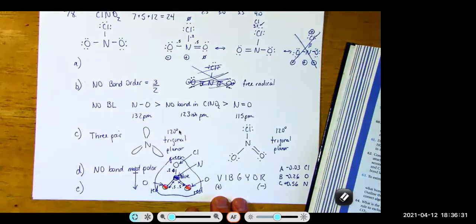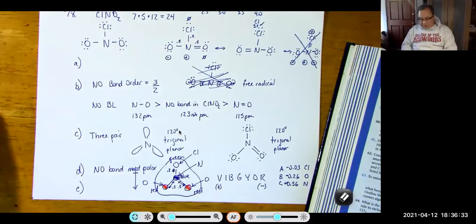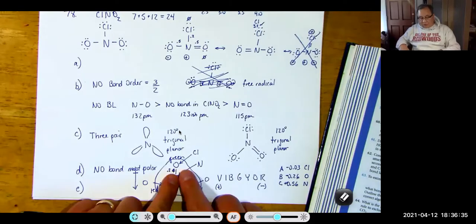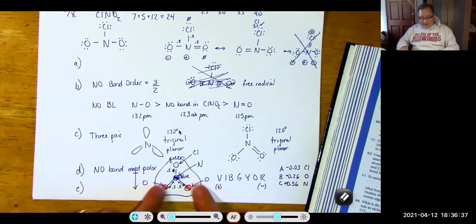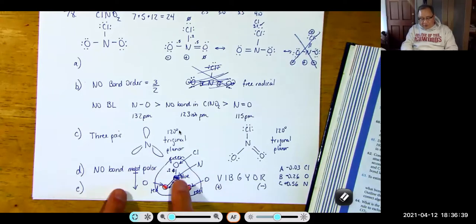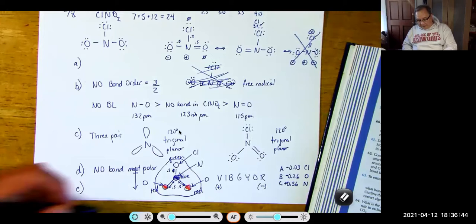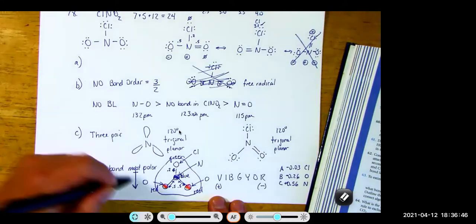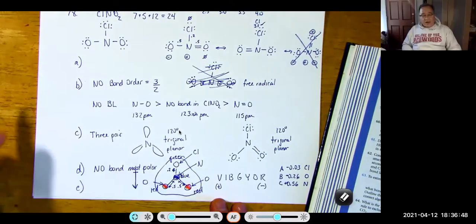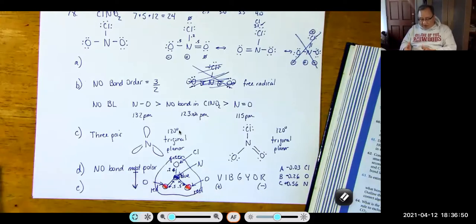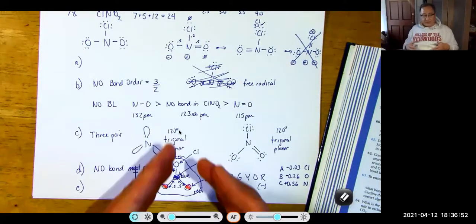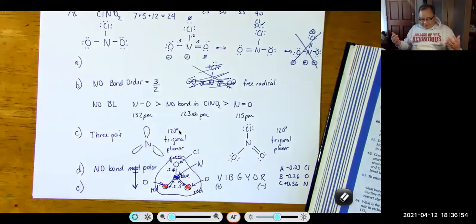So here you got two German Shepherds dragging you this way, and you've got this little dachshund pulling you that way. Which way are you going to be going? And the answer is this way, with the big dogs. Why aren't you going to the left or the right? Because even though the big dogs are dragging you in opposite directions, they're not going to rip you apart. So you'll end up just going straight down and so forth.